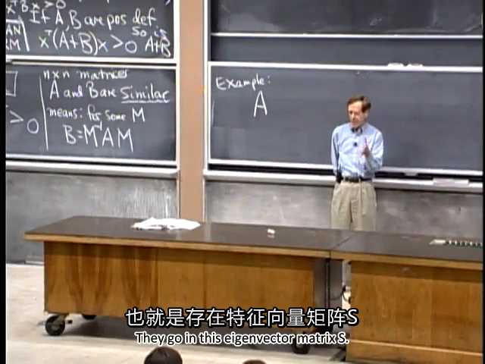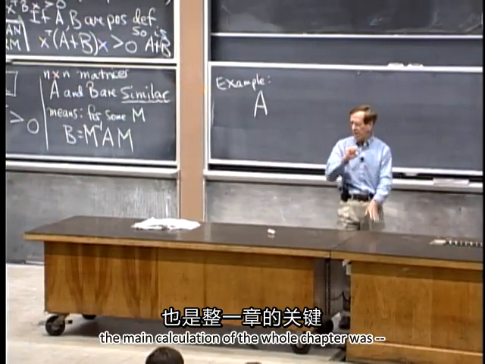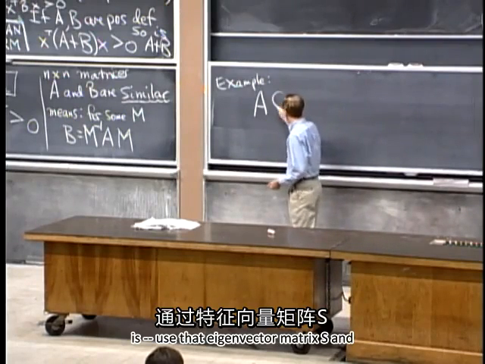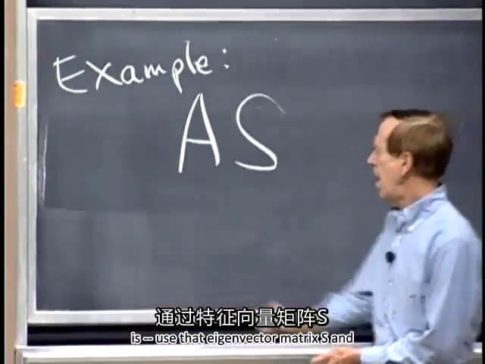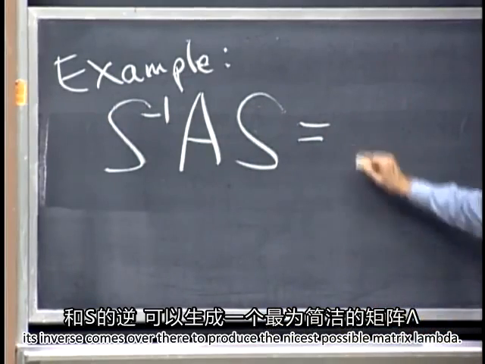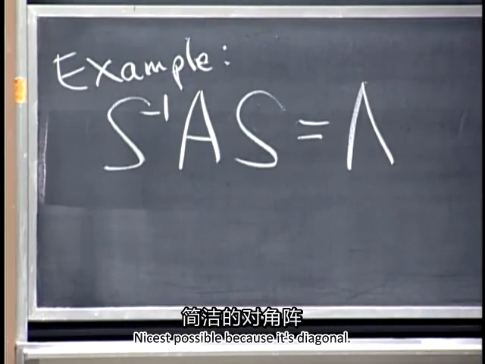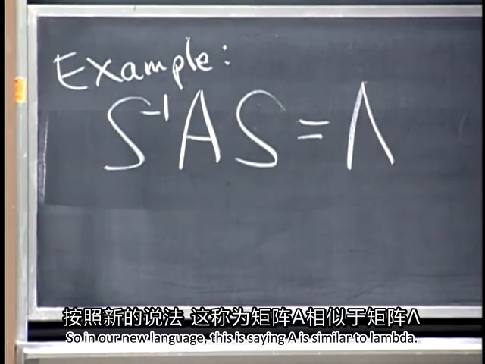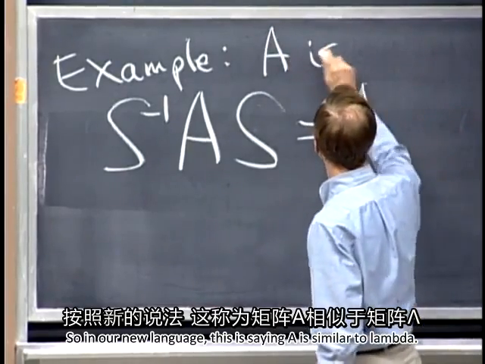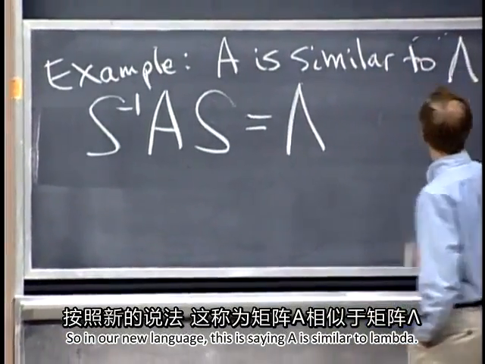They go in this eigenvector matrix S. Then what was the main point of the main calculation of the whole chapter is use that eigenvector matrix S, and its inverse comes over there to produce the nicest possible matrix, lambda. Nicest possible because it's diagonal. So in our new language, this is saying A is similar to lambda.